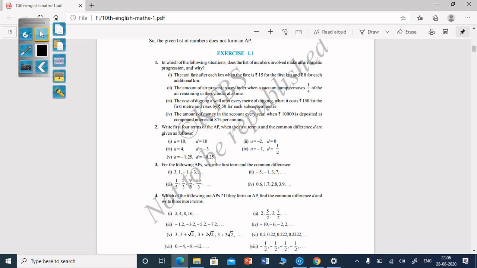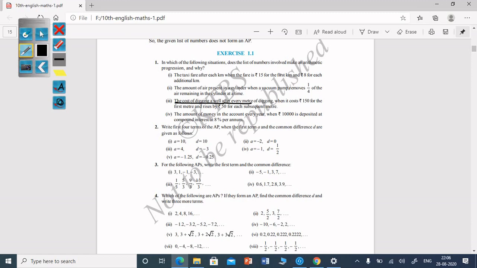You have to write the list of numbers for the cost of digging a well after every meter. See here what you have to write.